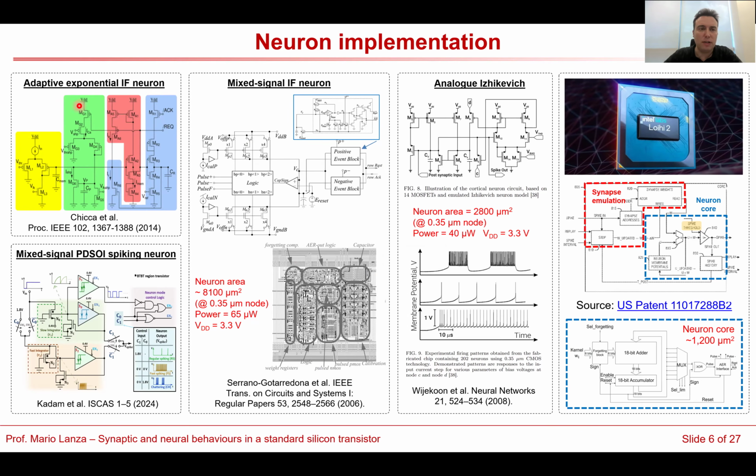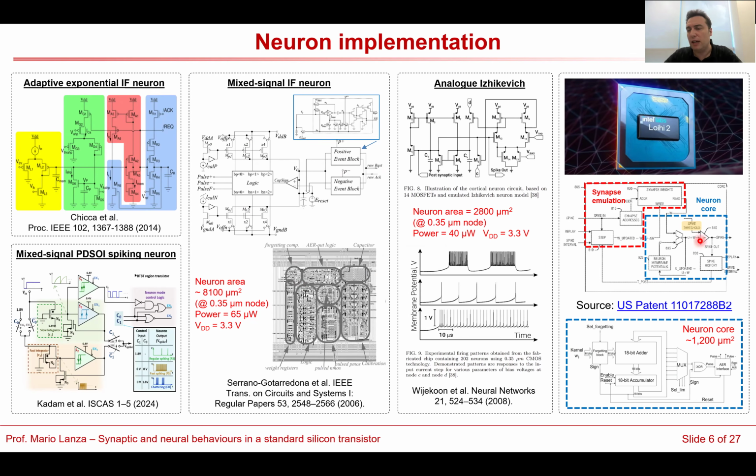Here you can see the example of an adaptive exponential integrate and fire neuron, which is being implemented in this article using several transistors and a few capacitors. The capacitors are particularly harmful because they consume a lot of area. Here you have another example that consumes even more area, another example here and here.